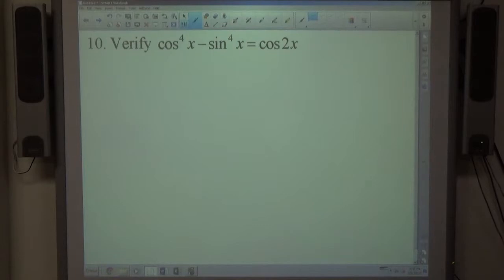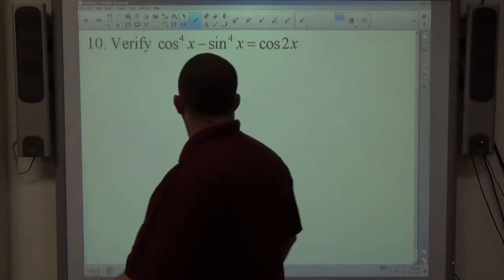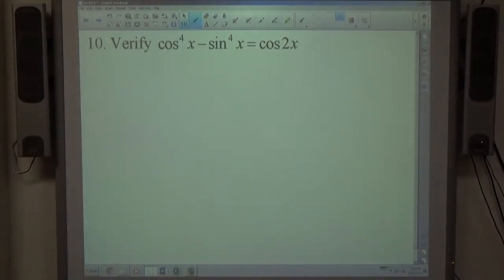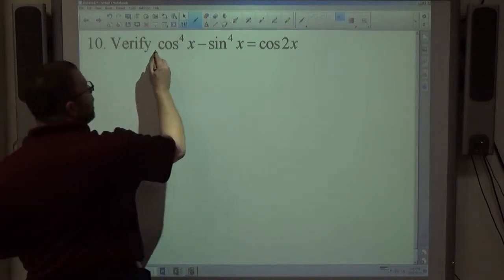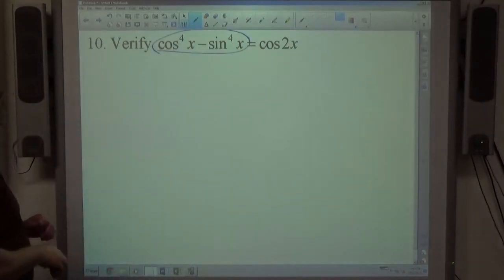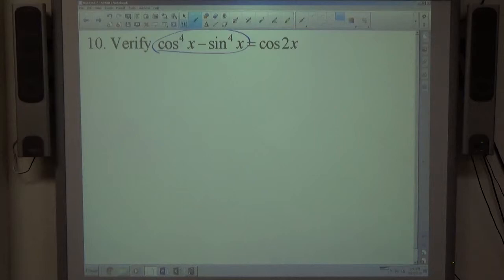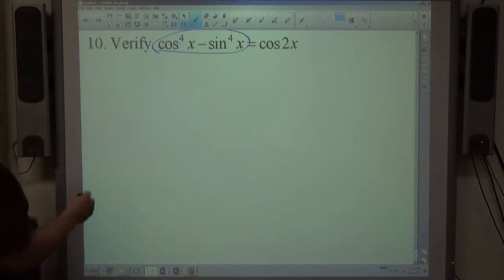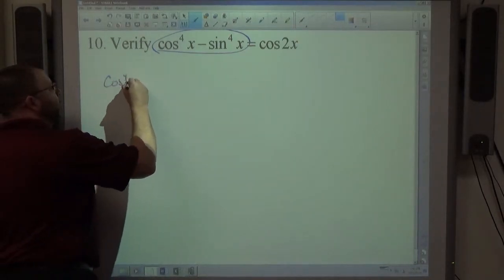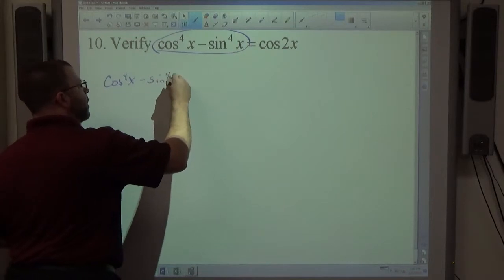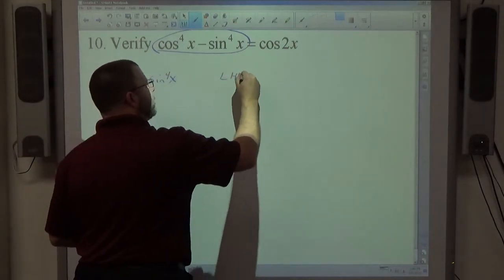Finally, number 10, one more trig identity. Verify cosine fourth minus sine fourth equals cosine of 2x. Left-hand side, higher powers, I'm going to go with that for my less simplified expression. So cosine to the fourth minus sine to the fourth, that's just the left-hand side.